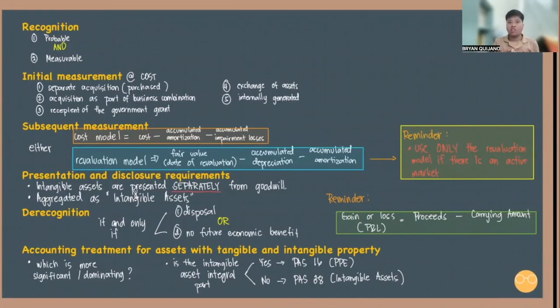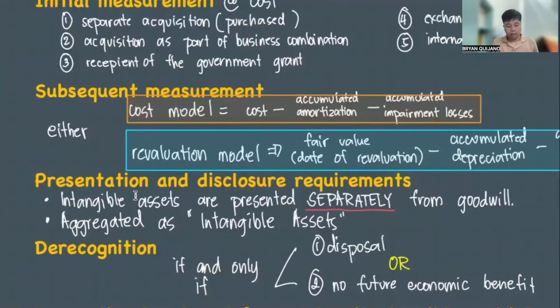If the intangible asset does not have an active market, then your only option is the cost model. Let us talk about the presentation and disclosure requirements prescribed by PAS 38 or IAS 38.